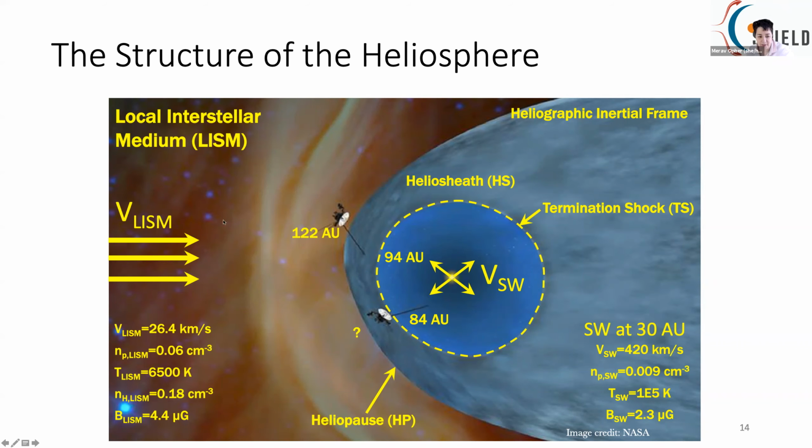So imagine you have an interstellar medium that is inclined here. It's going to exert a much stronger pressure in the south than the north by piling up of the magnetic field. So it's almost like you're punching the heliosphere, and it is brought much closer to the sun. And this is one of the indications that we think that the magnetic field outside the heliosphere is highly inclined.